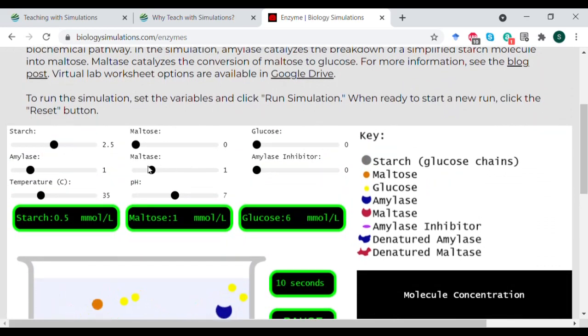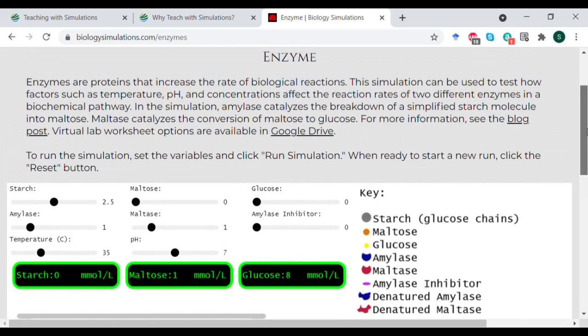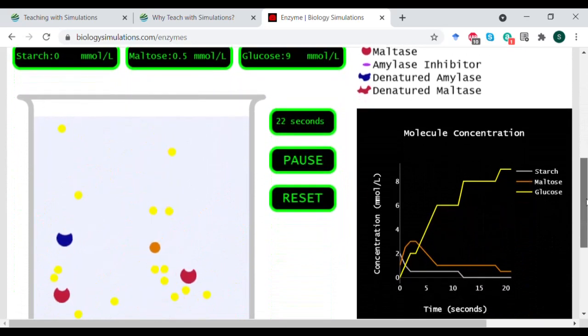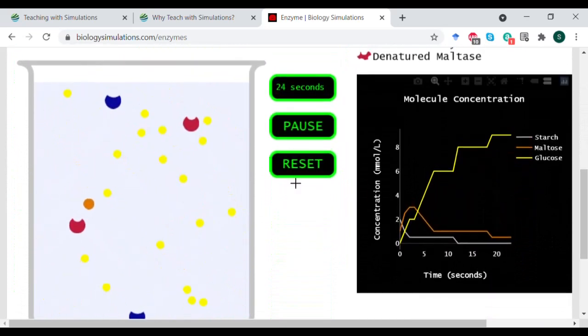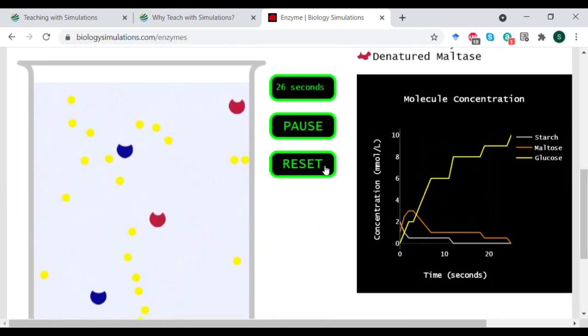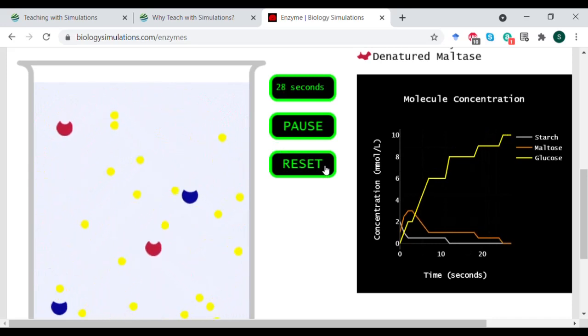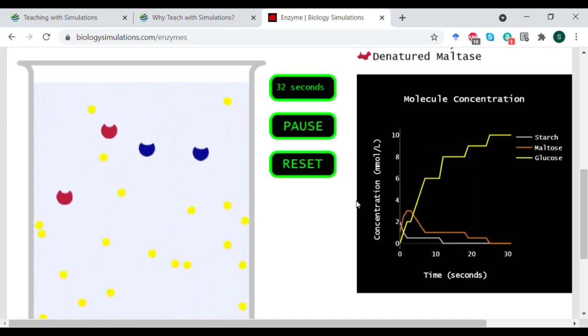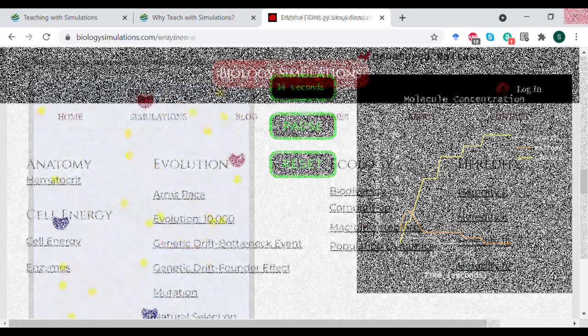And it will also provide a graph of the concentrations. So you could play around, for example, with the amount of glucose inhibitor, amylase inhibitor, the amount of maltase, the pH, and it will graph the molecule concentration for you. So students will be able to think about what is happening when, for example, the pH is above 7 or there's an inhibitor and so on.